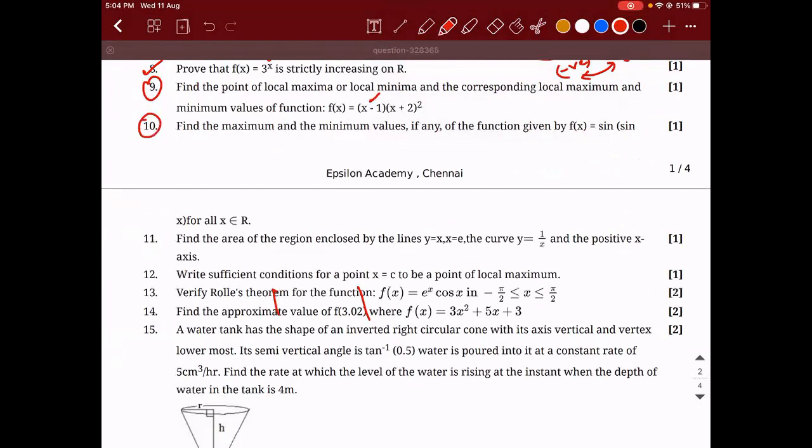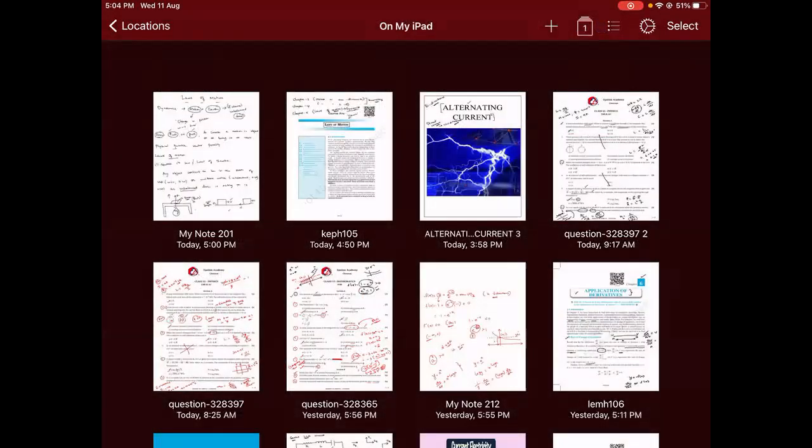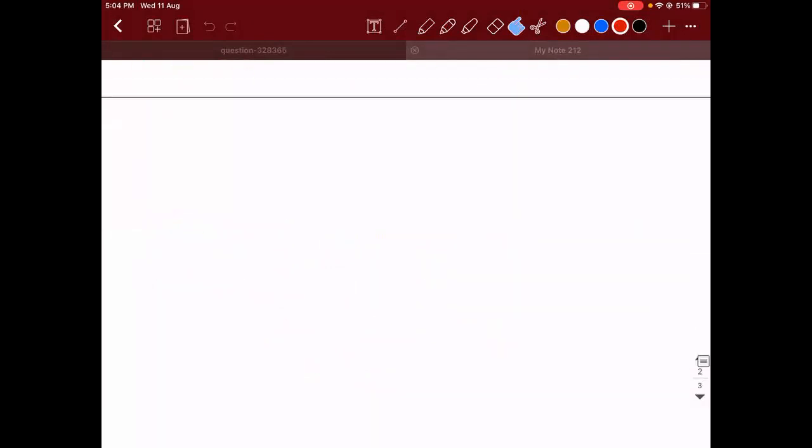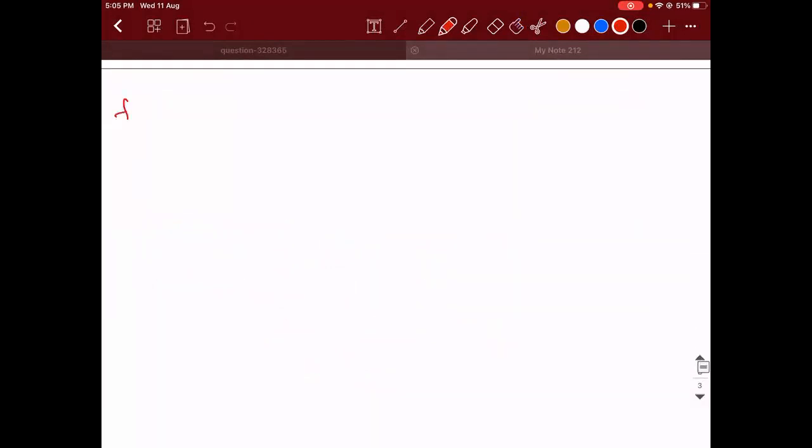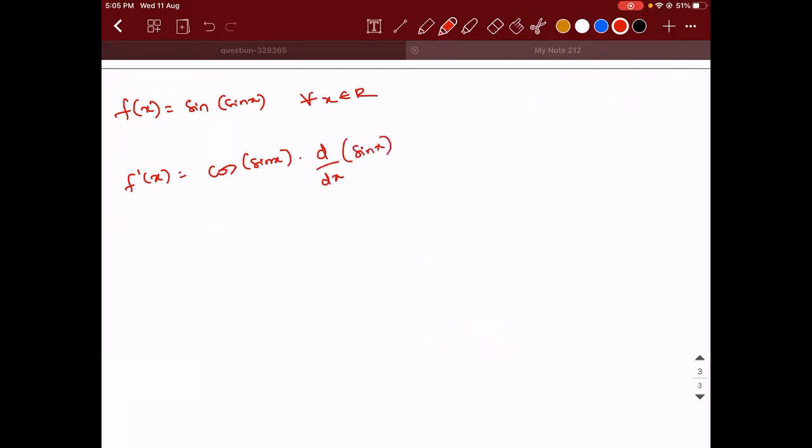Yeah. 10th problem, right? Find the maximum and minimum values, if any, of the function given by f of x is equal to sine of sine x for all values of x that belongs to R. So how to do this? f dash of x is equal to cos of sine x into d by dx of sine x.